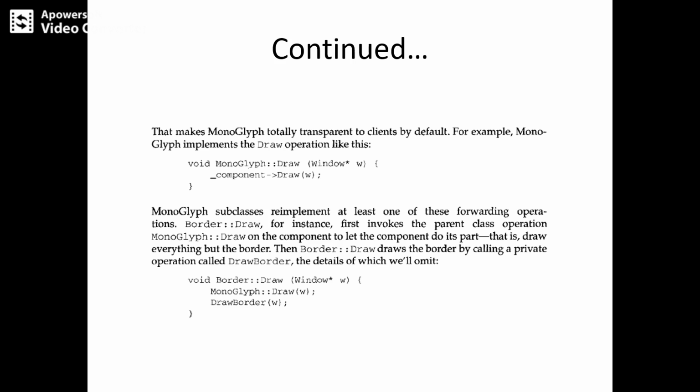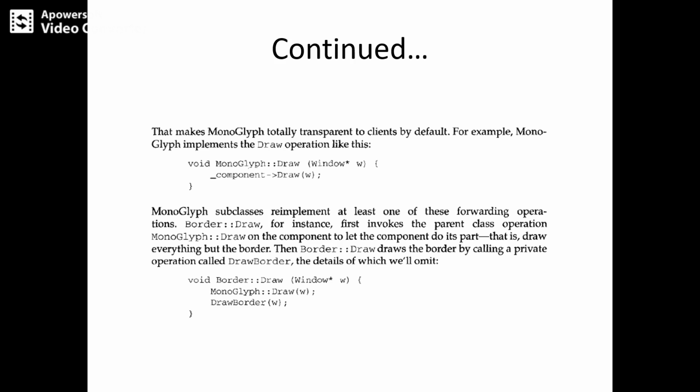For example, in the monoglyph implementation of the draw operation, whether draw window or draw editor, void Monoglyph::Draw takes a window object w and calls the component's Draw with w. Monoglyph subclasses re-implement at least one of these forwarding operations.